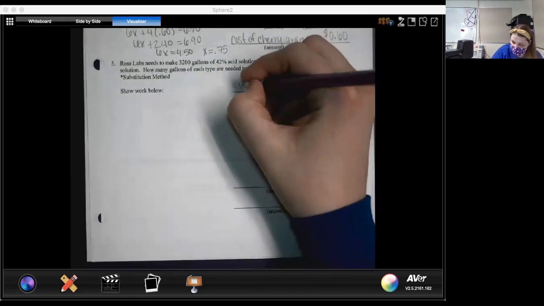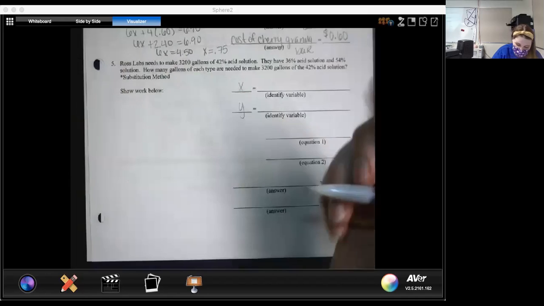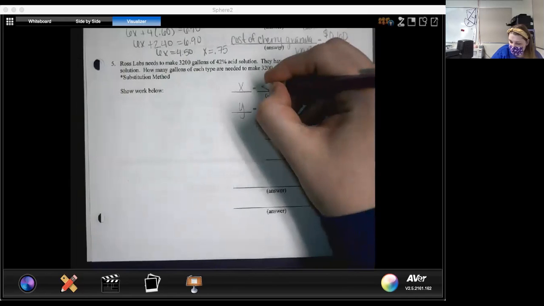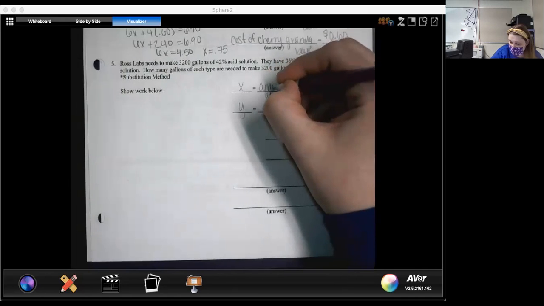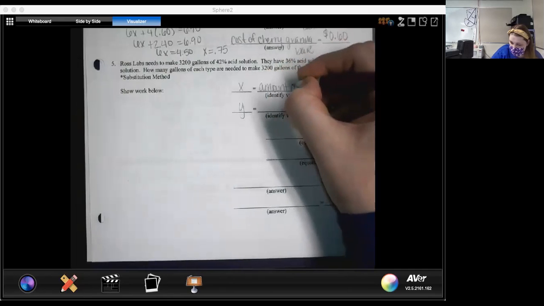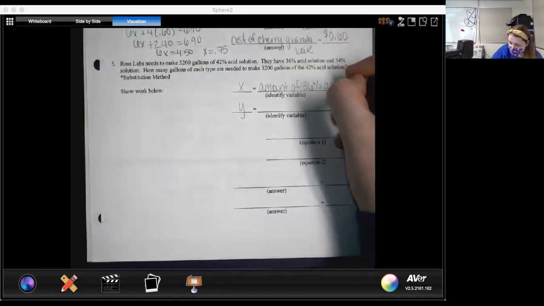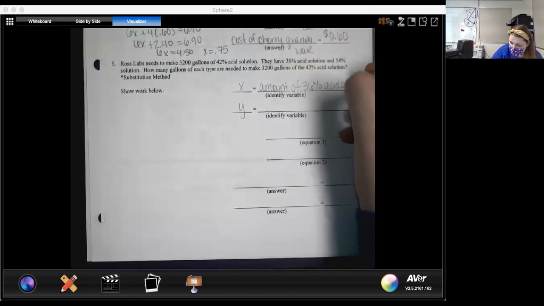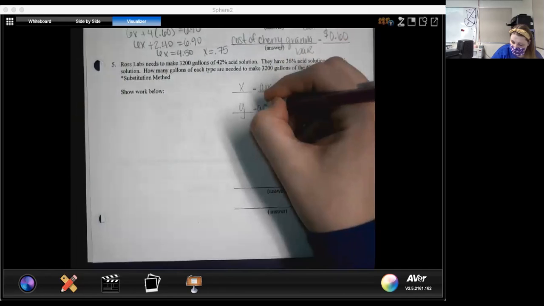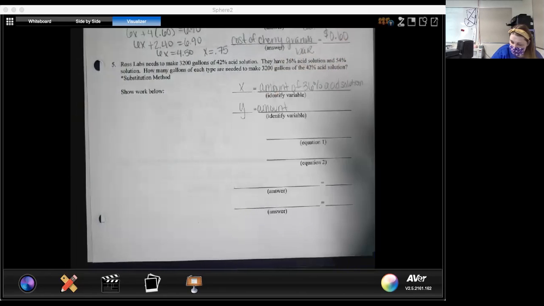And again, you can pick x and y, or you can pick different variables, but we need to know the amount, or how much, of the 36% acid solution, and how much of the 54%.